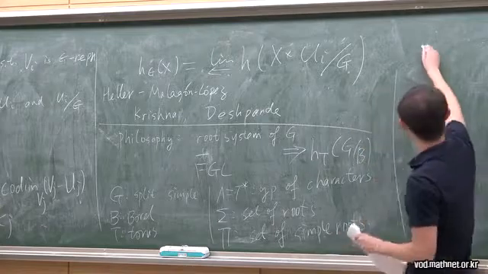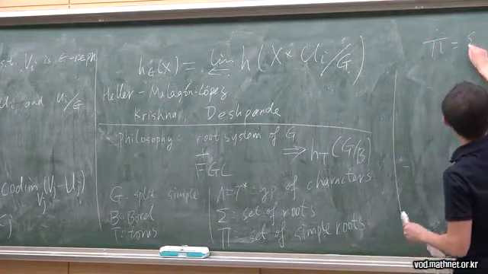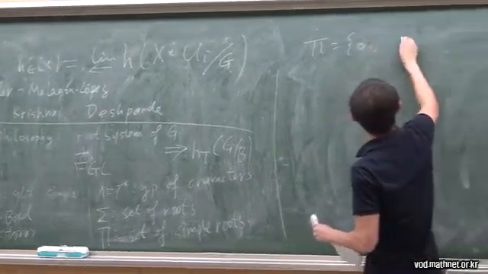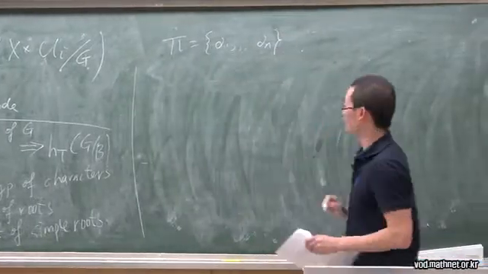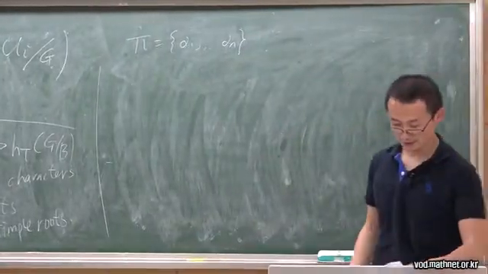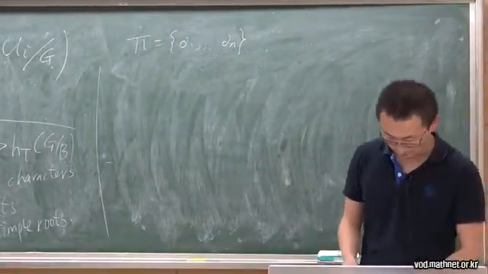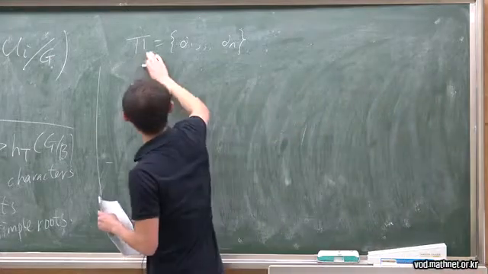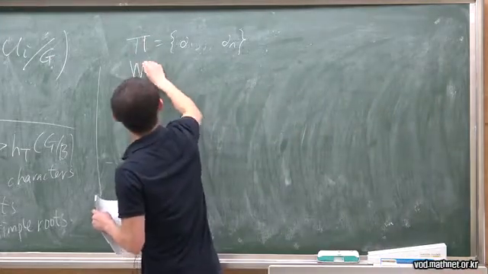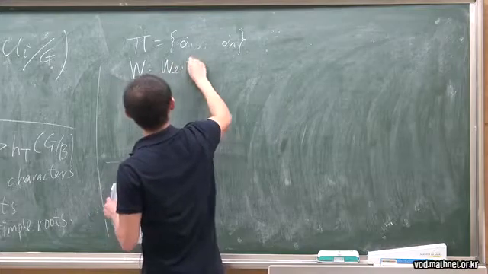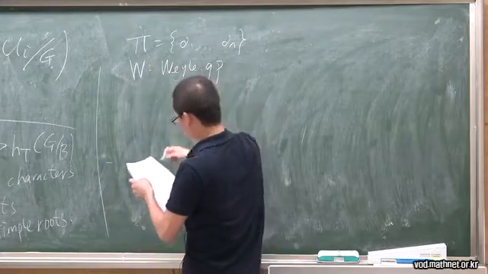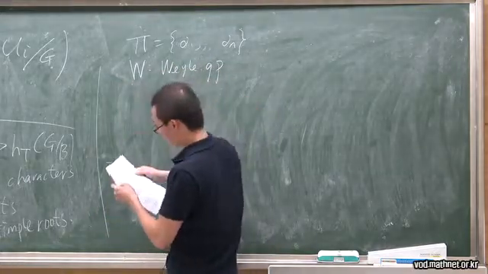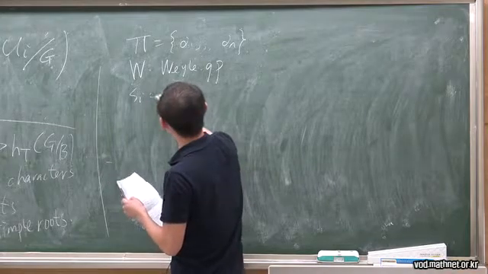So, for instance, pi will consist of n elements. Of course, here I'm assuming that n is the rank of T. And as usual, you have this Weyl group. It's kind of standard. s_i are simple reflections.